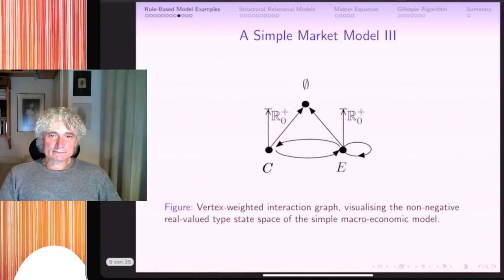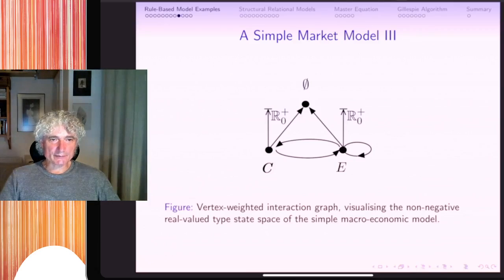And also it should be seen that there is an interaction or type graph involved, and here at the moment the most important thing is just looking at the state spaces. So both state spaces of capital and the economy are not supposed to be counted, so it's not the natural numbers, but it's the non-negative real numbers which are used for creating the state space.